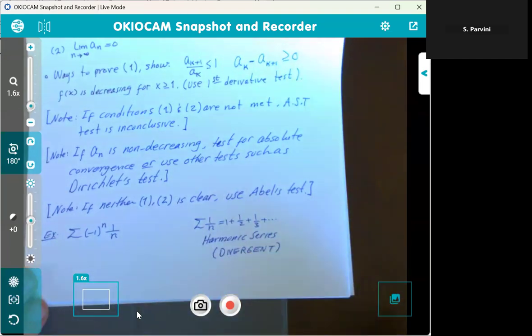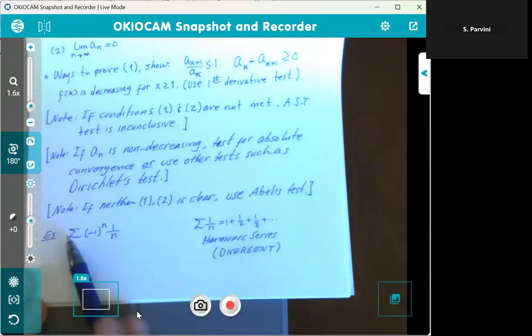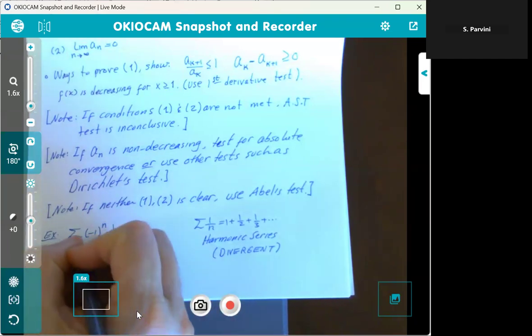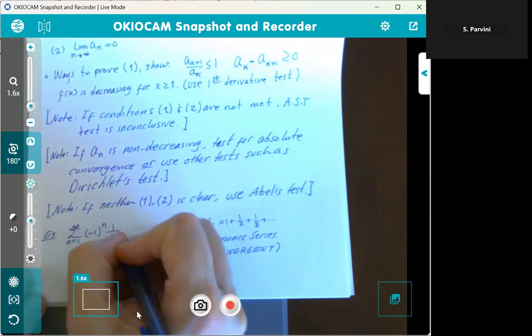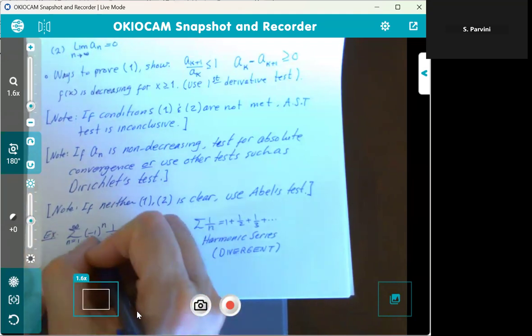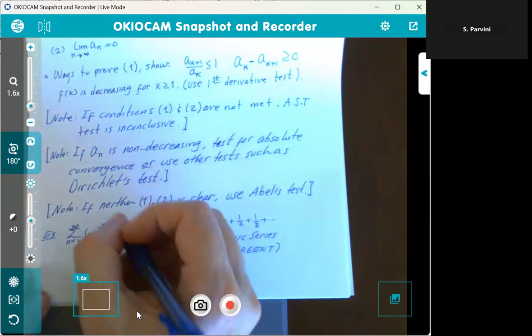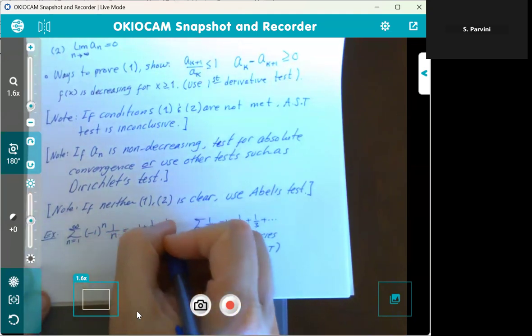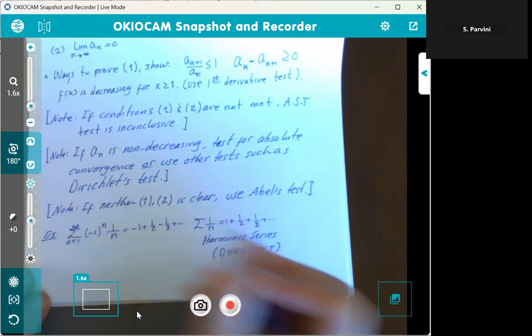Okay. Now, the series on the left, aside from the signs, looks like a harmonic series, right? The only difference is it's going to alternate. If I begin with n equals 1, what is this series going to look like? Well, negative 1 to the 1 is negative, so it's going to be negative 1, positive a half, negative a third, plus and so on and so forth.